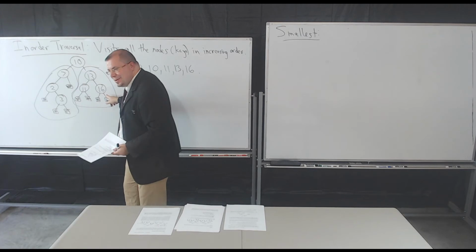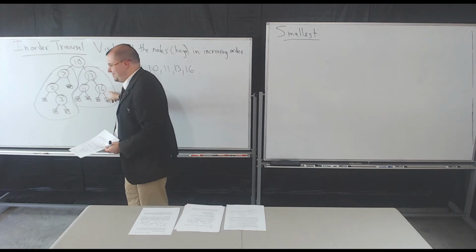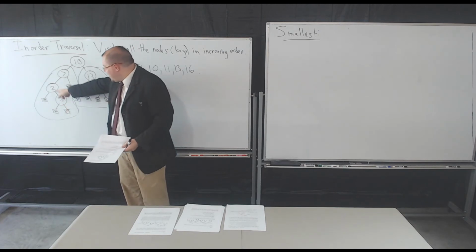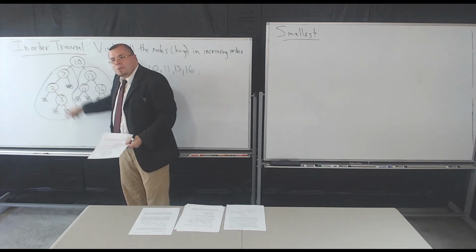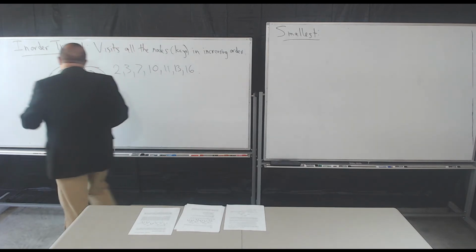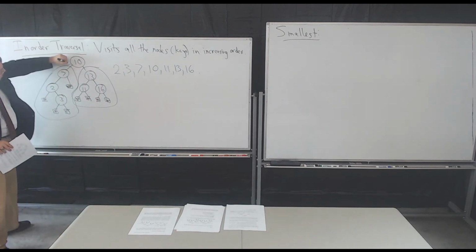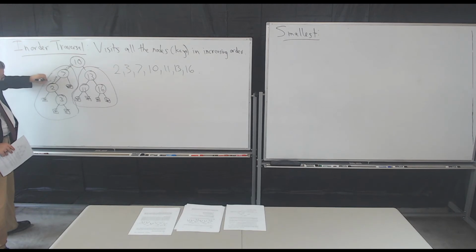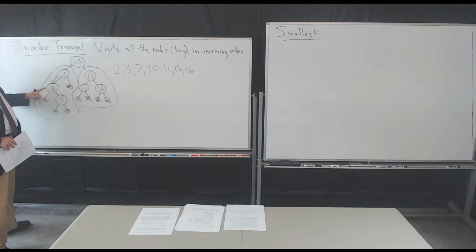Is it here? No. That's the largest one. Where's the smallest one? Is it there? No, it's right here. 2's right there. But where is that? Notice that if I go all the way down the left, by my binary search tree property, the smallest key is actually stored in the leftmost internal node.